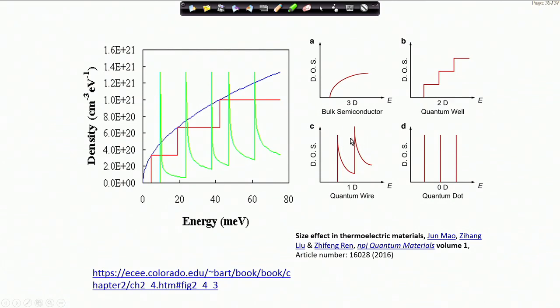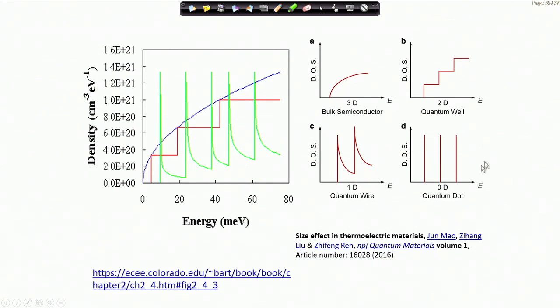It diverges as E goes to 0, and that has a strong effect in many one-dimensional systems. Many physical phenomena in one dimension reflect this singularity in the density of states.